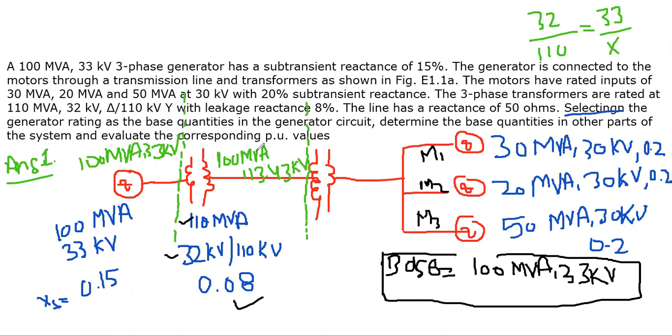Okay, now base for this region, so we are again having a transformer, but the base MVA will remain same. Base MVA will be how much? It will be 100 MVA. और बेस kV आपका कैसे चेंज होगा? जो बेस kV जो है वो ट्रांसफार्मर के रेशियो के हिसाब से चेंज होगा. कैसे होगा वो यहाँ से देख सकते हैं आप लोग.